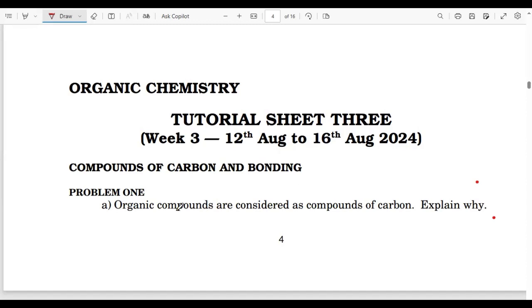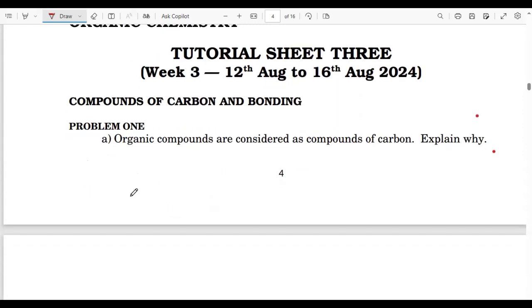The first question is: organic compounds are considered as compounds of carbon, explain why. I believe all of us here know why. Organic compounds are considered compounds of carbon because carbon is the main element present in all organic compounds.